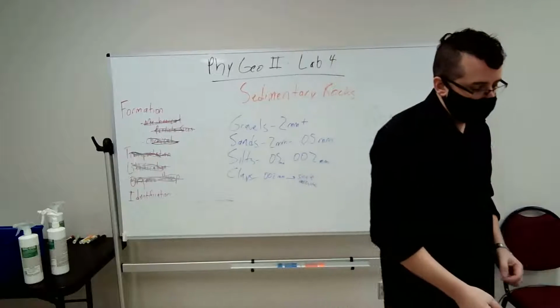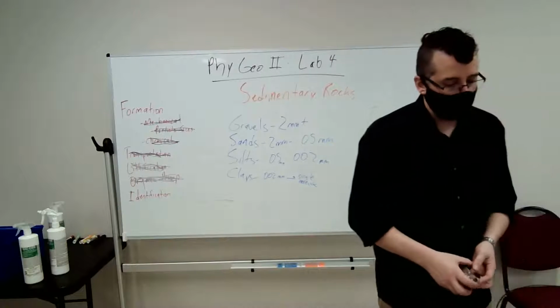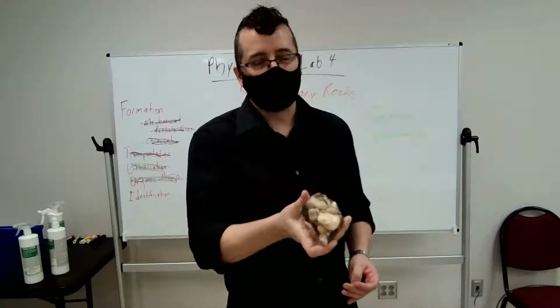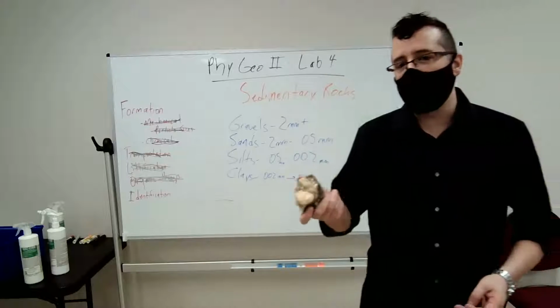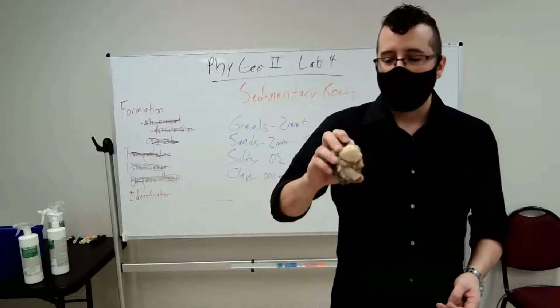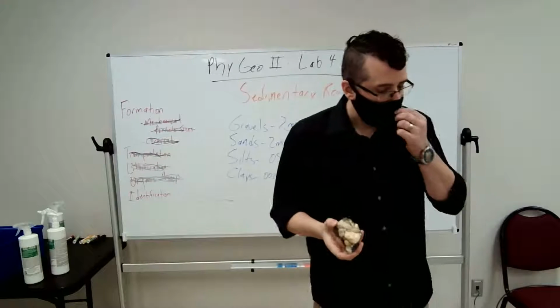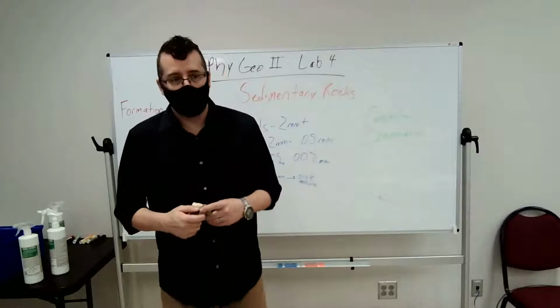All right. So the first one we're going to talk about is a conglomerate. It's a clastic rock composed of gravel-sized fragments. I've been showing you guys this all day. Yep, this is a conglomerate. This is something that has various different sediment sizes, and typically this was formed in what we would consider a high-energy environment.